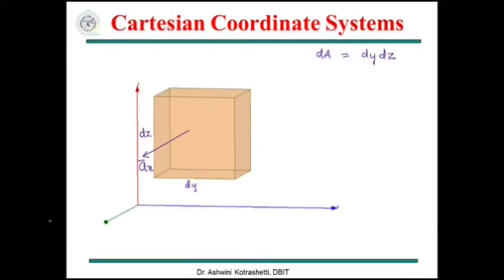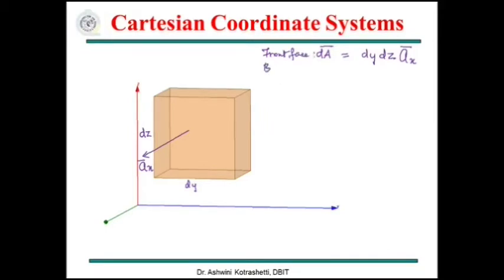So I will take area, which is actually a scalar quantity, and make it a vector quantity by associating a unit vector with it. So now dA becomes dA bar, which is equal to dy dz ax bar. So this is for your front face.